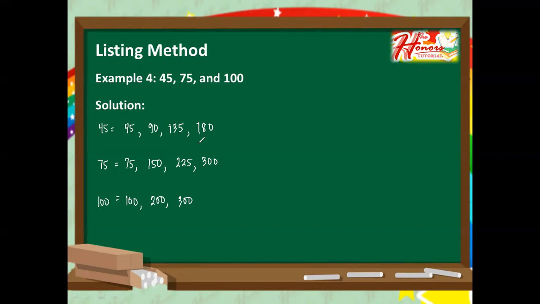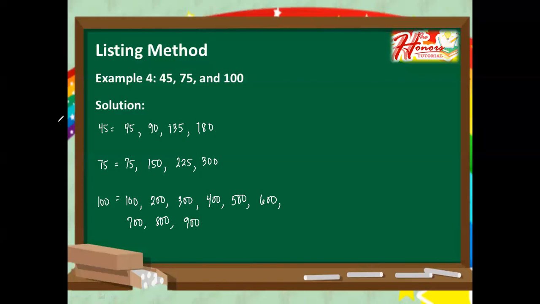So therefore, we have to continue skip counting. 100 times 4 is 400. 100 times 5 is 500. 100 times 6 is 600. 100 times 7 is 700. 100 times 8 is 800. And 100 times 9 is 900.